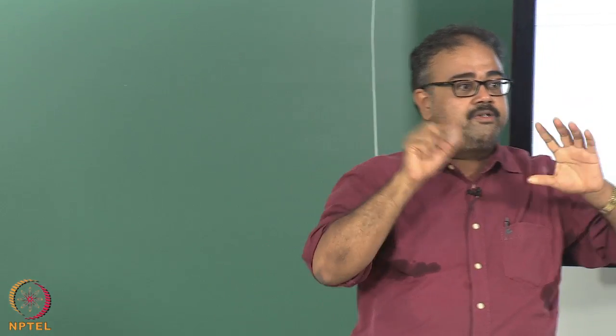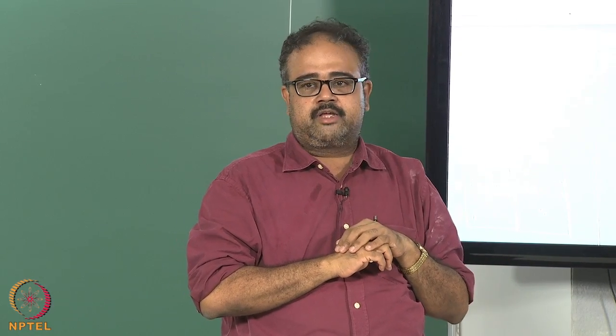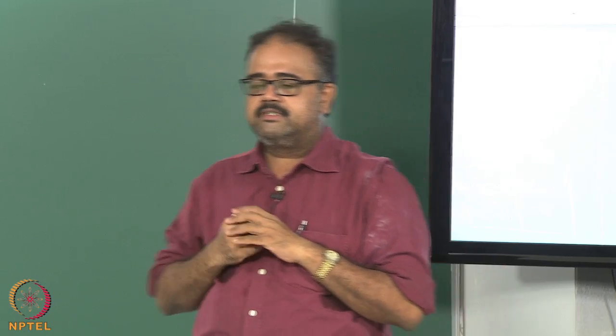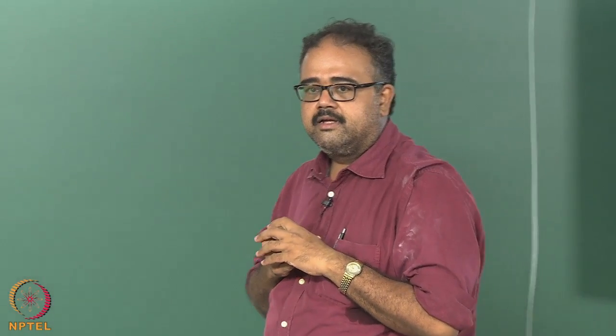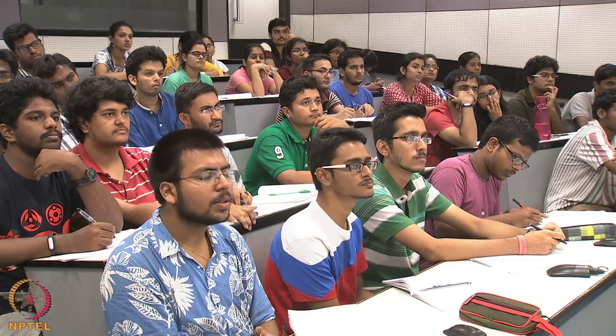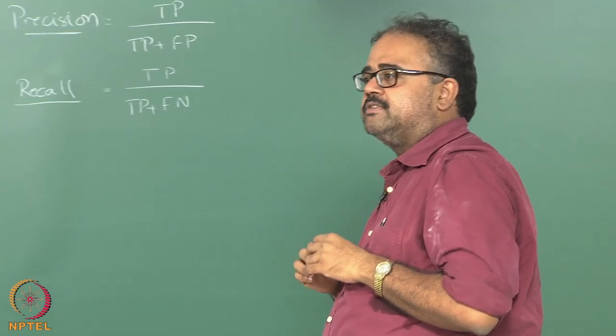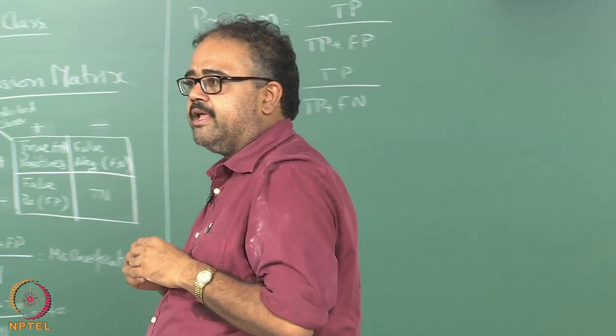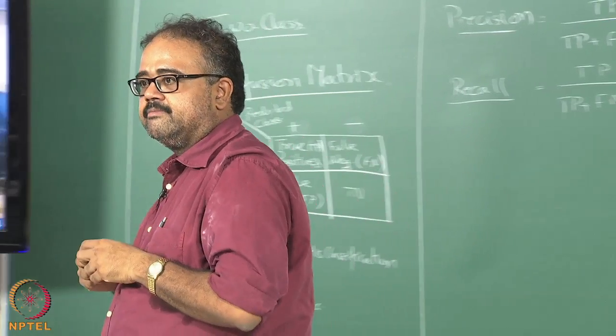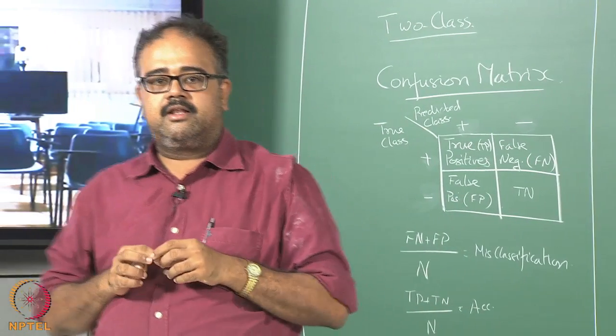Suppose there are 10 results that I give to you. Of these 10, how many are truly relevant to the query? That is precision. Suppose there are 50 documents in my repository that are relevant to the query, how many of them appear in that 10? That is recall, right.